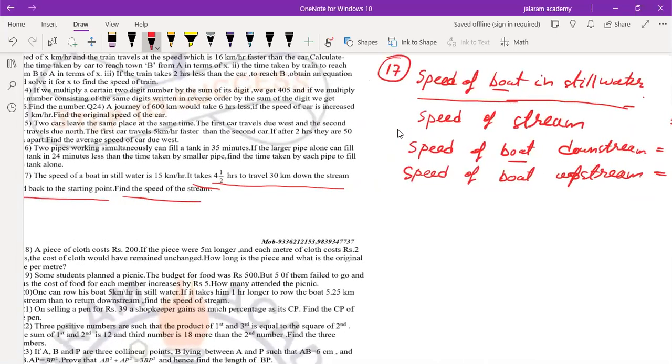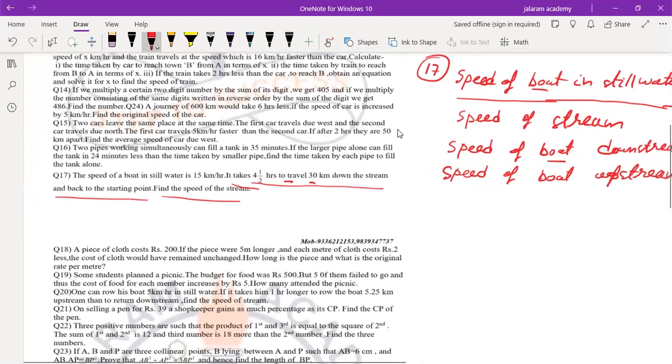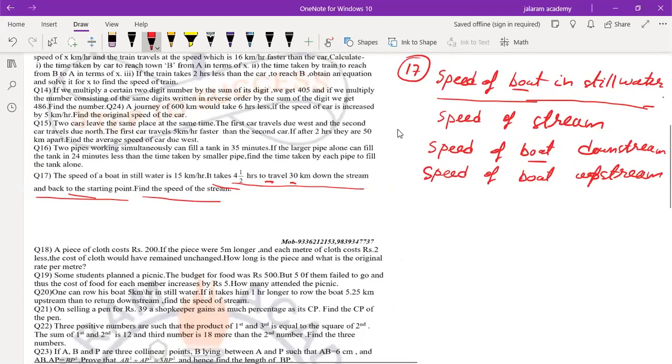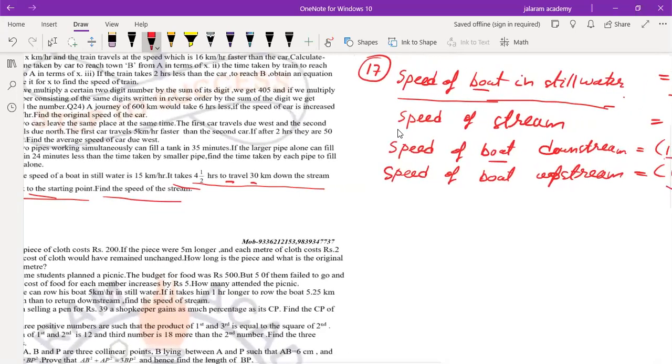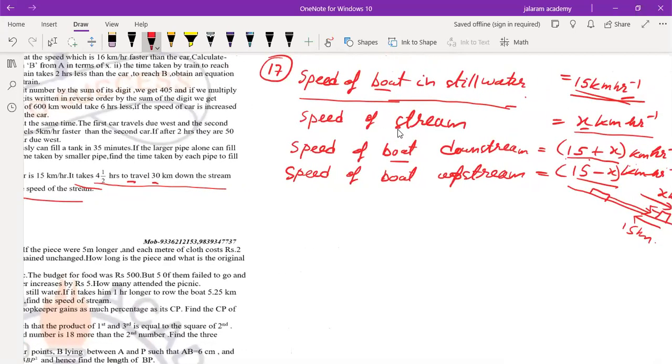Okay. Now it takes 4.5 hours to travel 30 km down the stream. Means downstream distance is 30 km. And return back means upstream distance is also 30 km. And total time, so time equals to distance upon speed. So first we write for downstream.